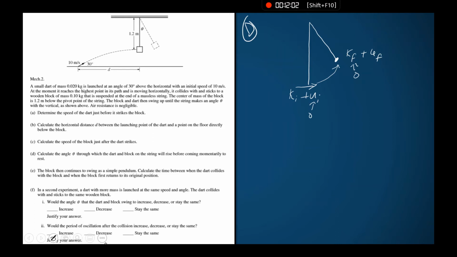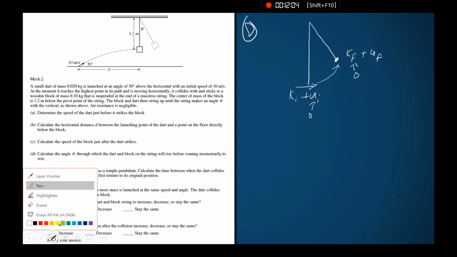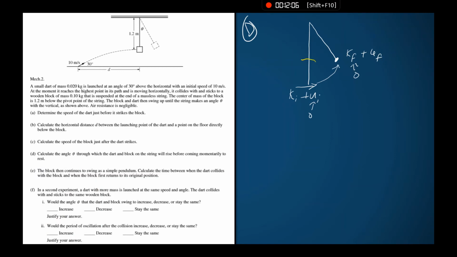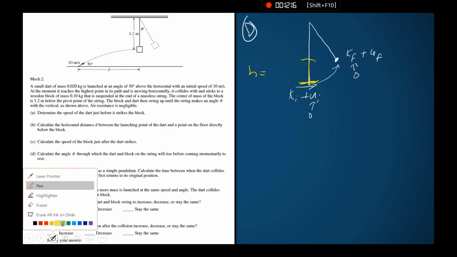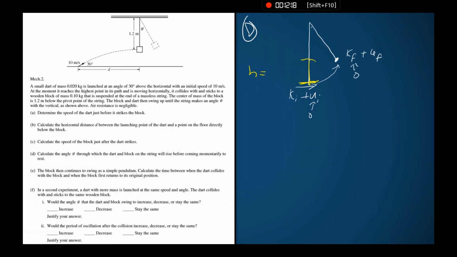This distance here in yellow will be h. And if this whole distance here, I'll do green, is the length of the string, then that would be this length.